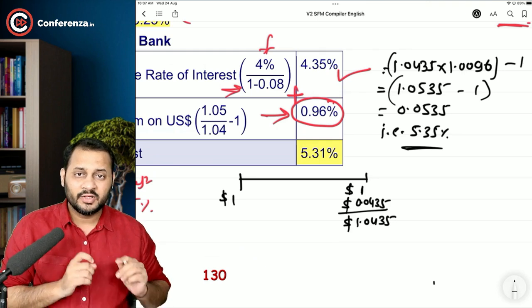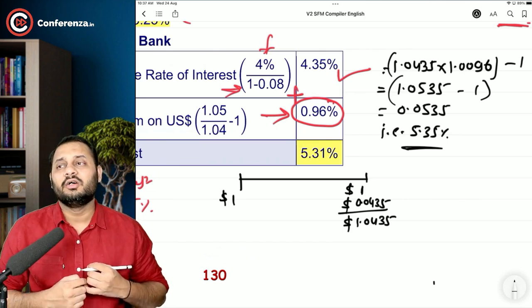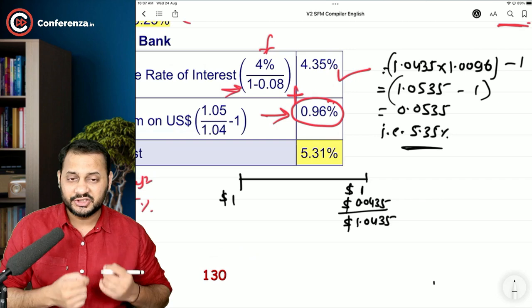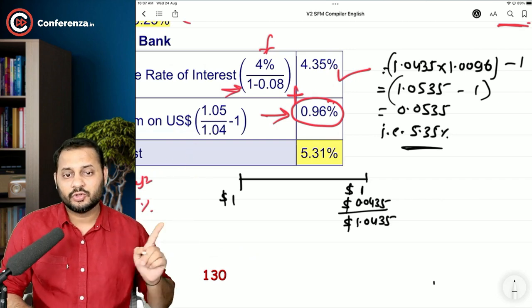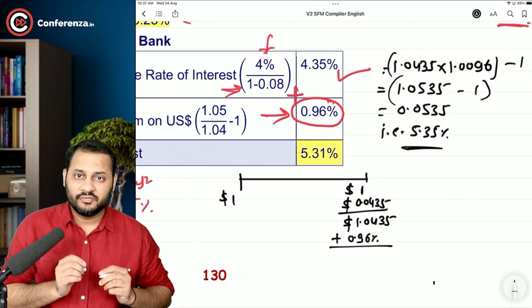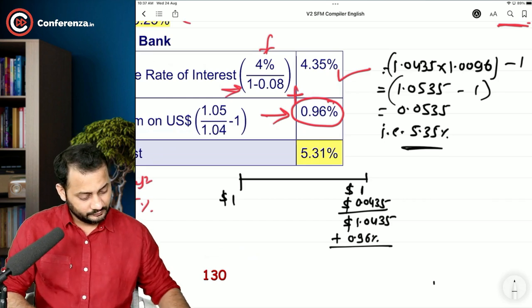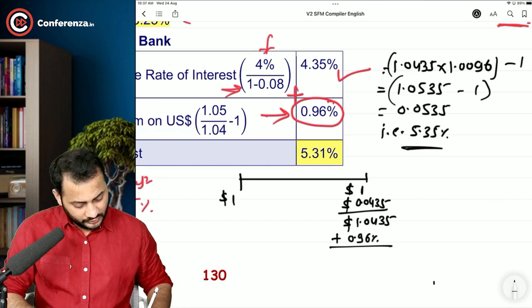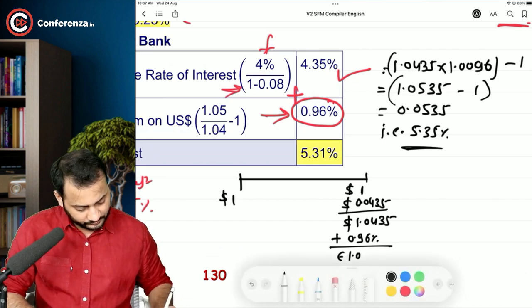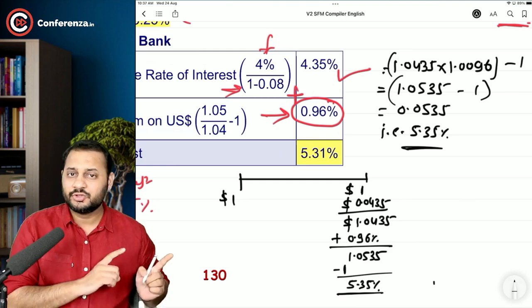And in this period, Germany's currency, the euro, is getting costlier, or has depreciated by 0.96%. So all in all, you have to add the 0.96% euro impact on the entire 1.0435. That comes to 1.0535, and when you deduct that 1, it will be 5.35%. This has to be the calculation.